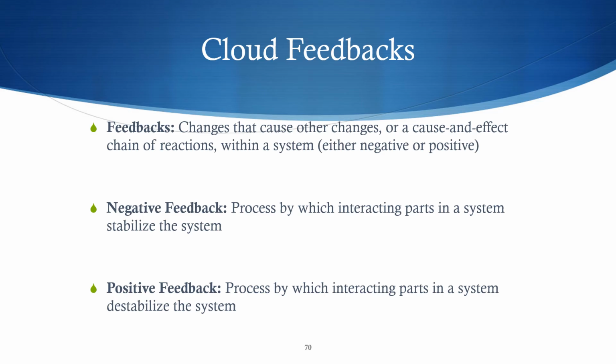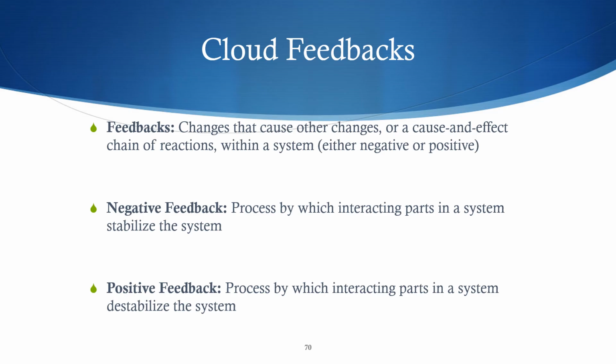So we've been saying positive and negative forcings. What we're really talking about here is feedbacks. Remember, feedbacks are changes in a system that cause other changes, kind of in a cause and effect chain of reactions. Within that system, it either causes a positive or a negative feedback. With a negative feedback, something's going on with the interacting parts of that system that act to stabilize the system.